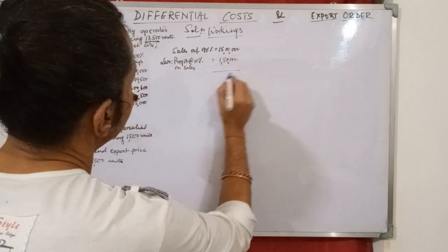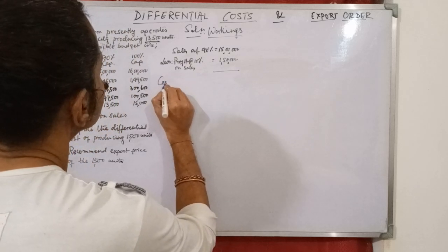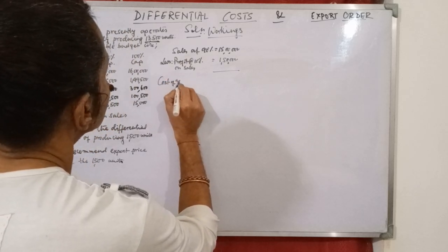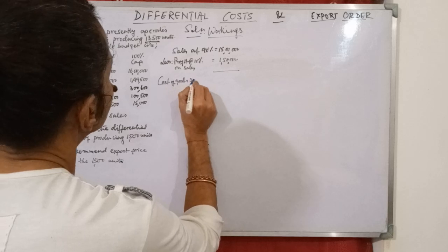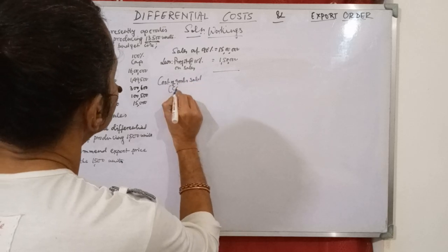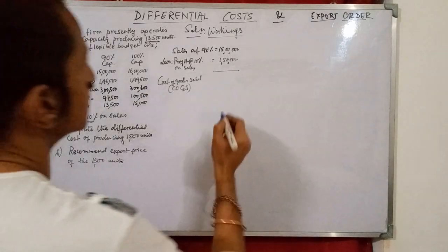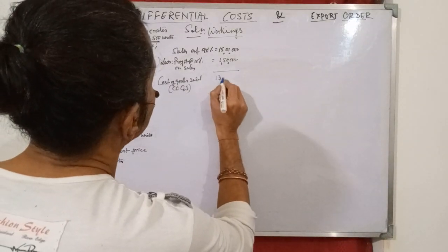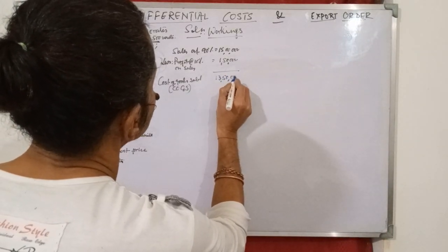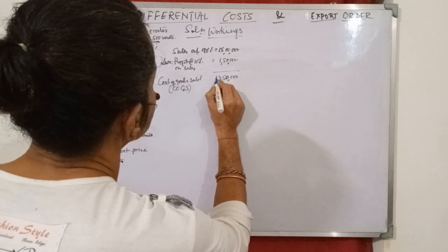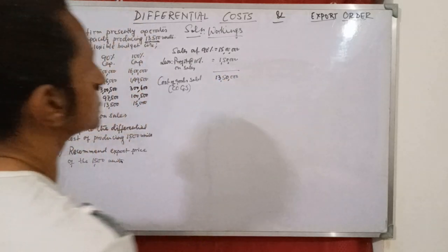Therefore, if we deduct the profit, we get cost of goods sold, or in short COGS, and this comes to 13,50,000. So this is cost of goods sold.